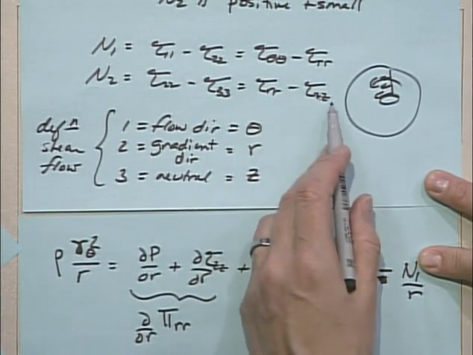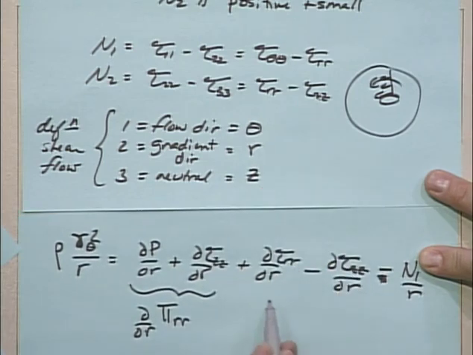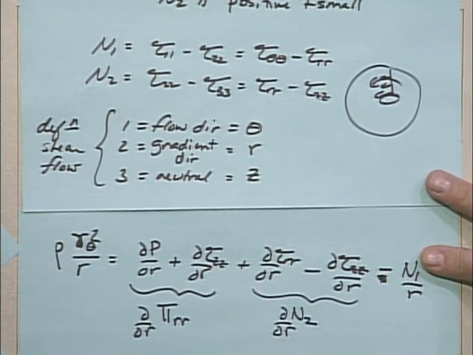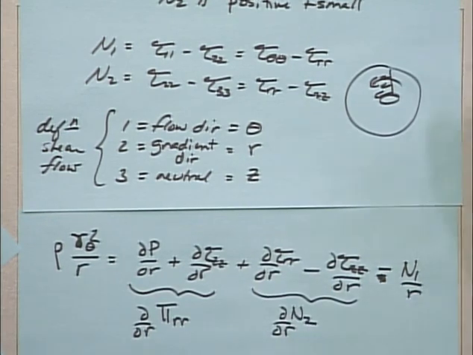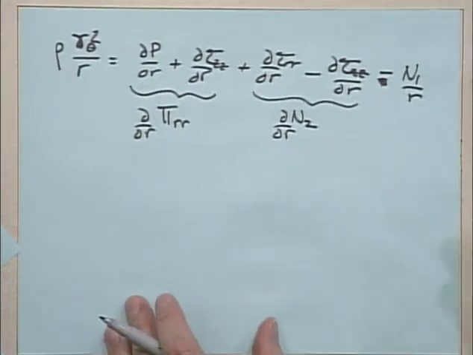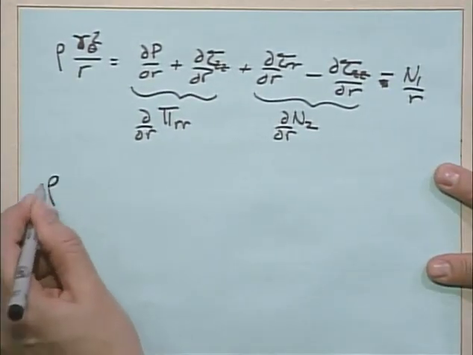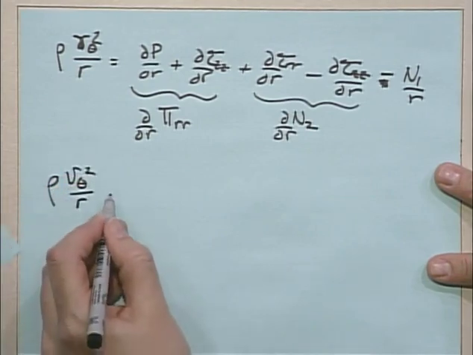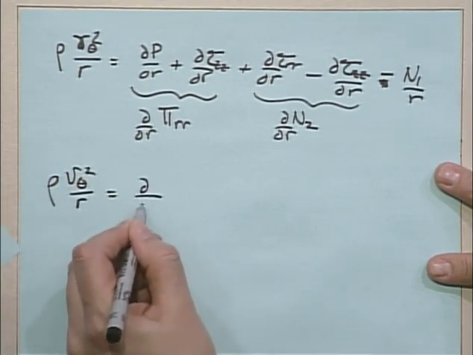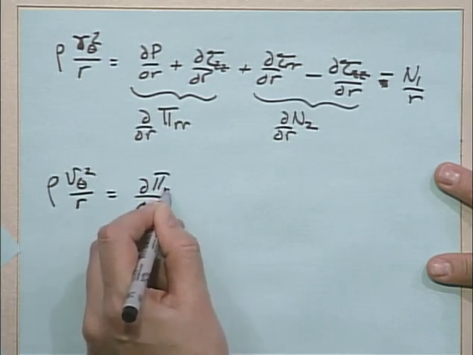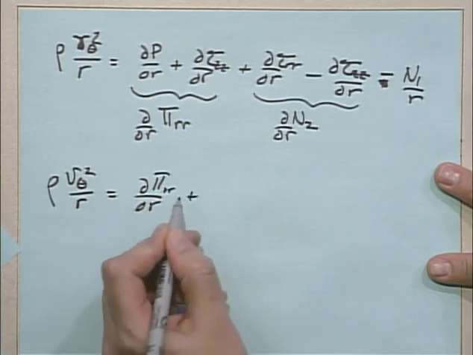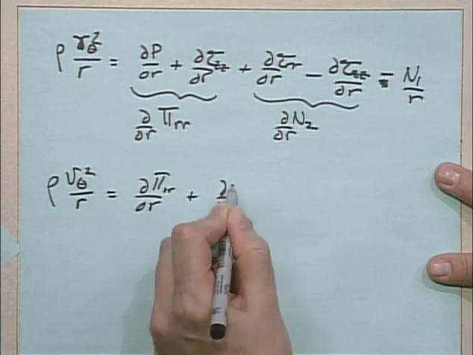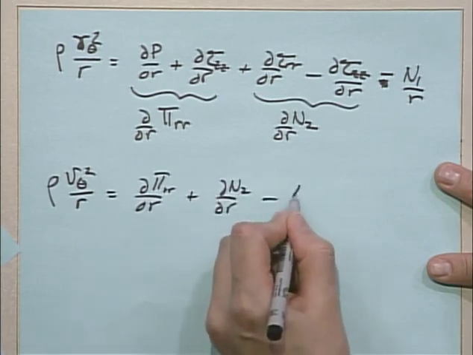This is d by dr of n2. So rho v theta squared over r equals d by dr of pi rr plus d by dr of n2 minus n1 over r.